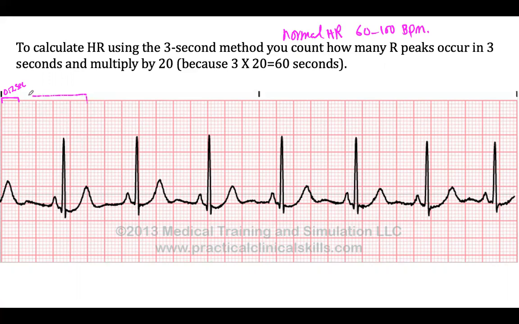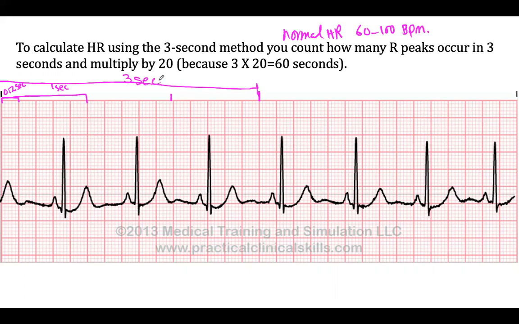This is 1 second. I'm going to repeat that one more time. 1, 2, 3, 4, 5. That's my second, and then 1, 2, 3, 4, 5. That's my 3 seconds. So from here to here, this is 3 seconds.